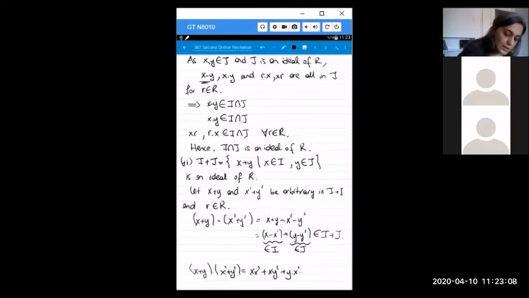Now we are going to use the fact that I and J are ideals and subrings. Here we have two elements from I, so the product x times x prime lies in I. And y times y prime lies in J because these two are coming from J.